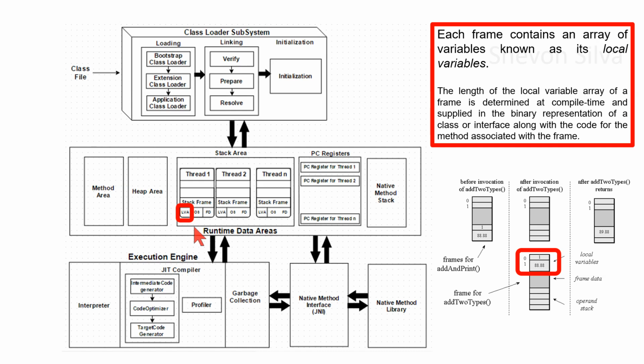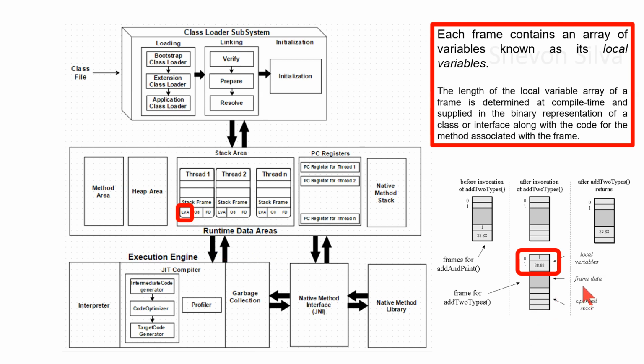Each frame contains an array of variables known as its local variables. The length of the local variable array of a frame is determined at the compile time and supplied in the binary representation of a class or interface along with the code for the method associated with the frame.